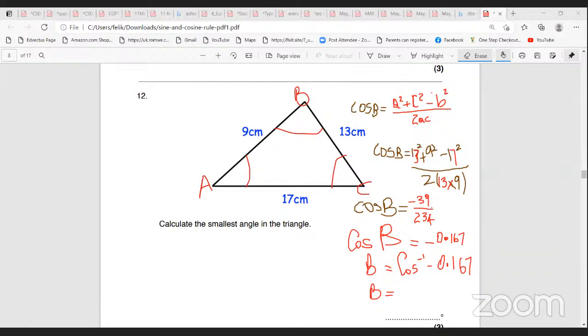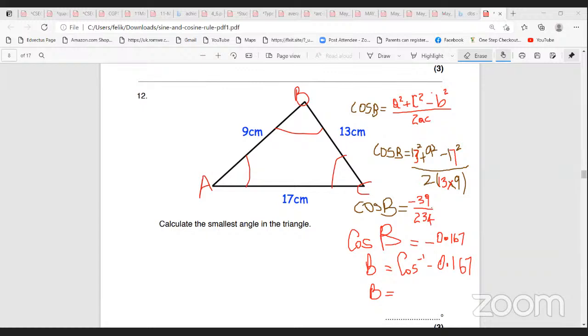Tell me what you put into your calculator. So I put in the cos inverse, then I put in negative 0.167. All right. What are you seeing at the top of your calculator? Degrees or radians? Radians.